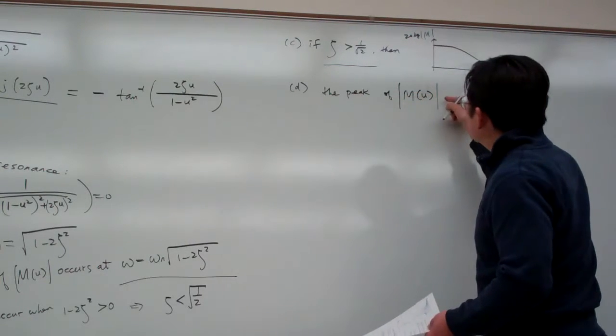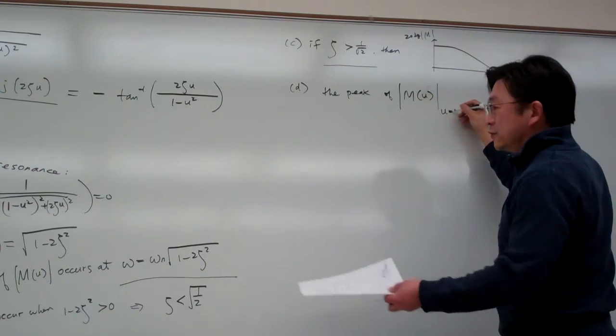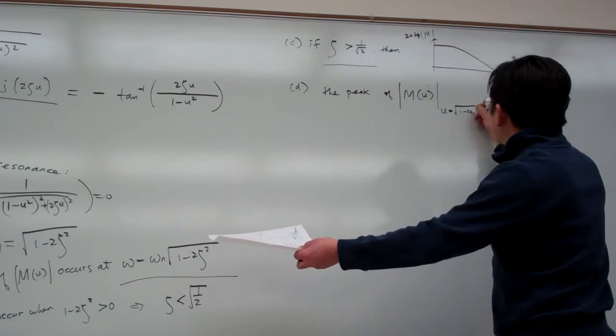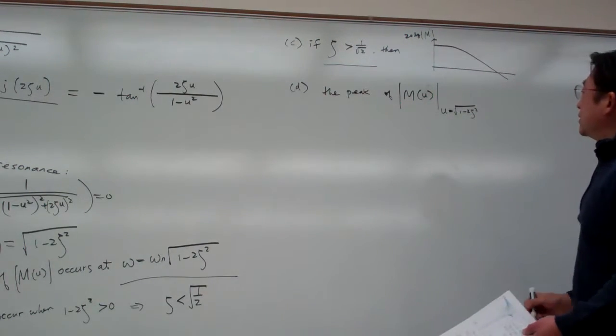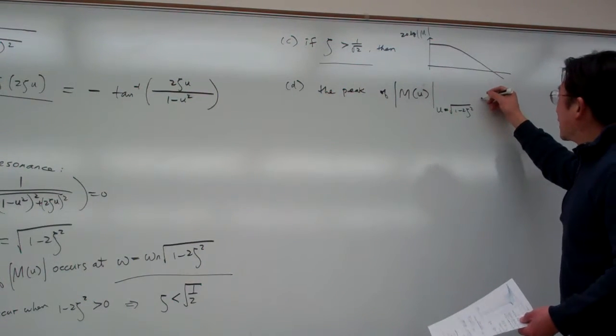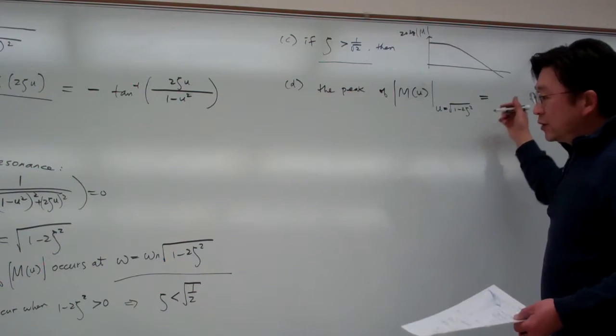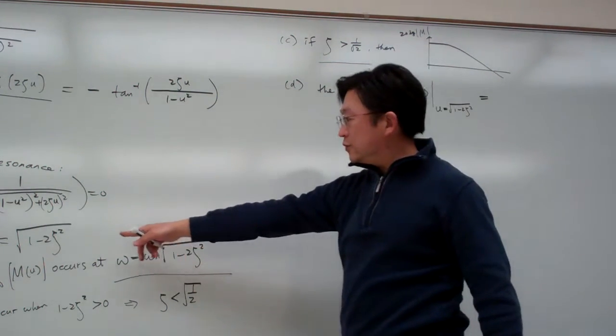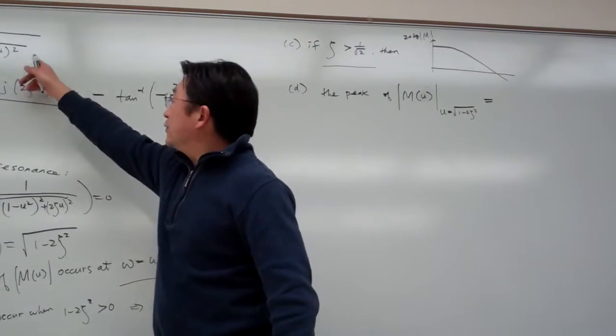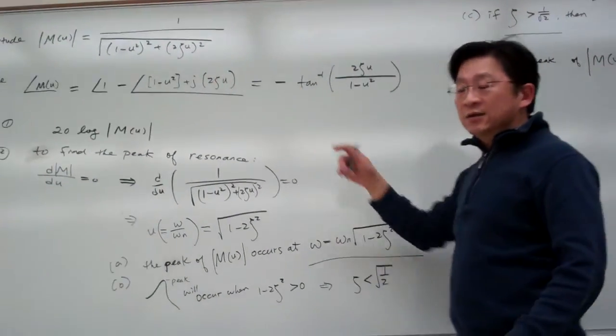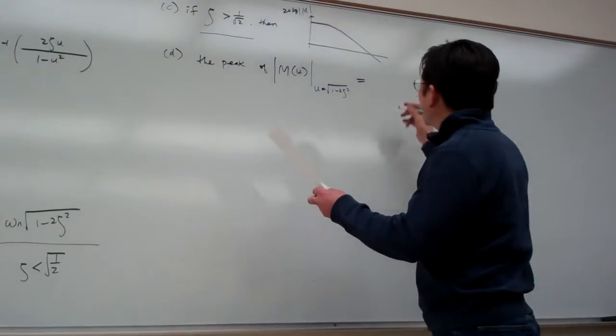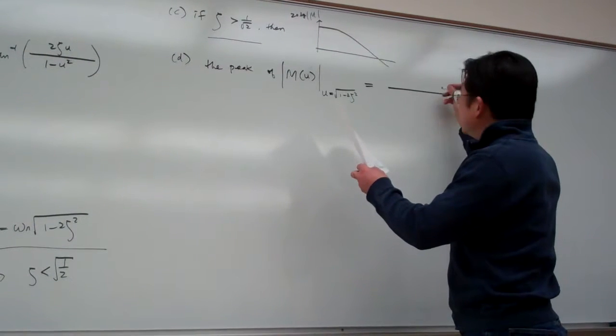So this is the magnitude. When we plug in u equal to this number, we calculate the peak magnitude, and that should be equal to this.